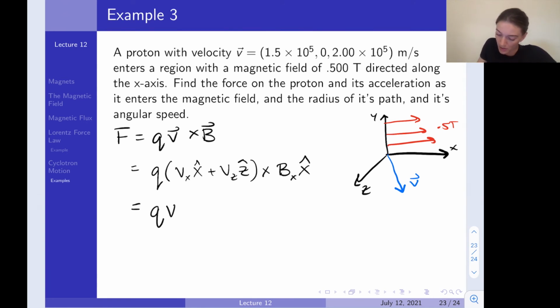So we know now that we're going to have only our z component. We'll have q, Vz times B in the x direction. And now we're going to have z hat cross x hat. Now z hat cross x hat will just give us j hat, or y hat. So this will just be in the y hat direction. And now we can just plug our numbers in. q is 1.6 times 10 to the negative 19.